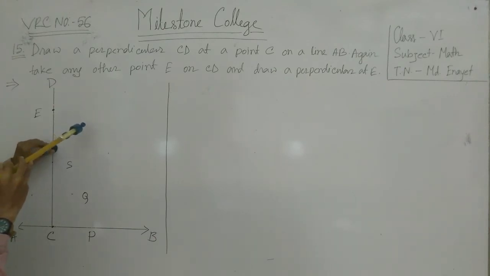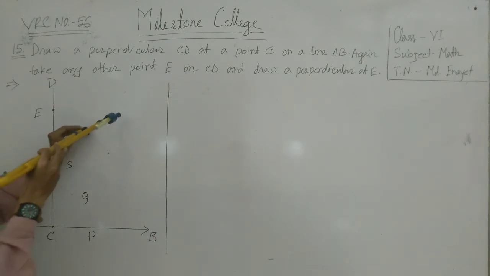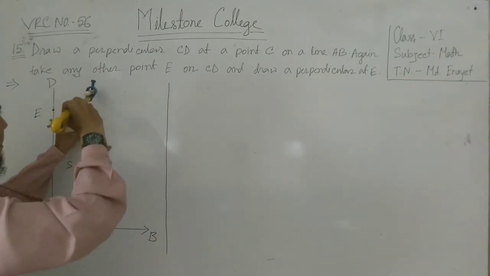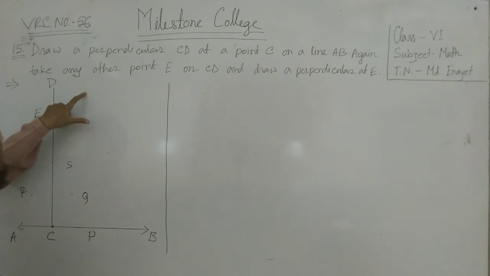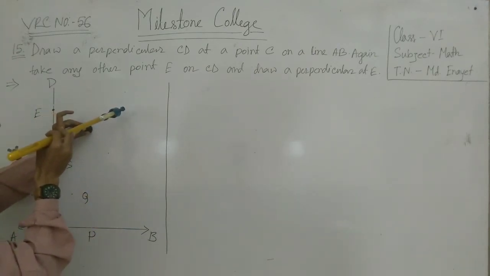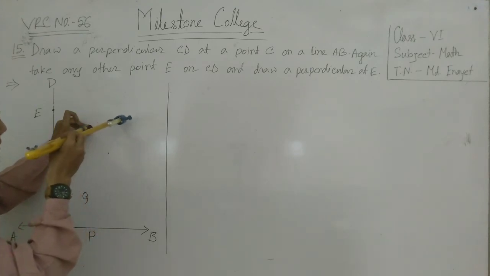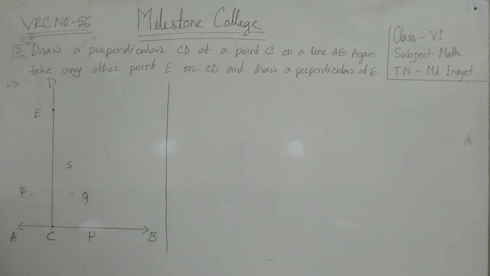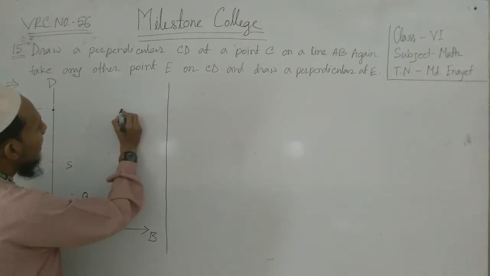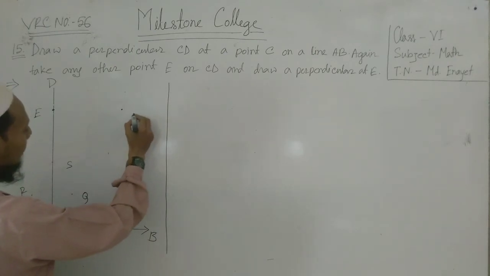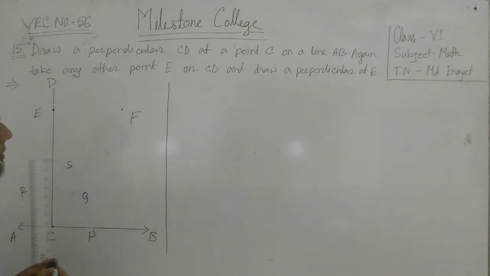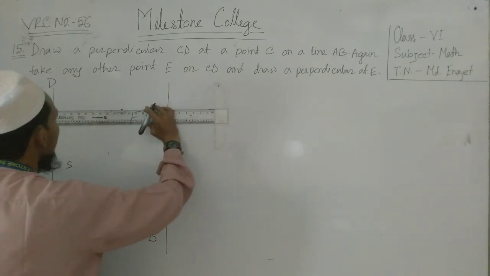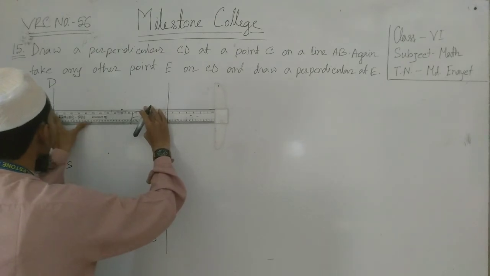Now, taking this one as center, we will draw another arc, and taking this one as center, we will draw another arc, and taking this point and this point, we will draw two arcs here, and they intersect at point say F. So, we will join this E and F using ruler.